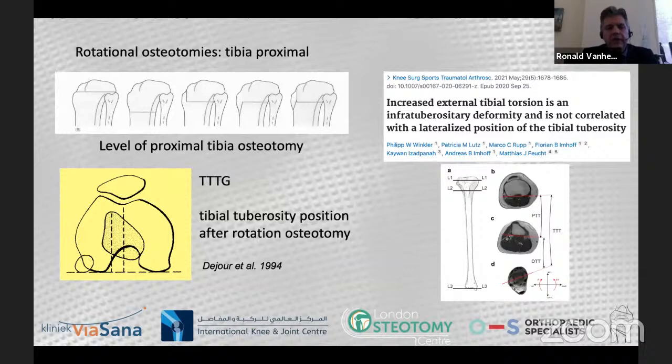These are old slides. This is from the publication we made in 2003 already, and it has been repeated in some of our books. And it's just looking logically at the level of the proximal tibia osteotomy. You can make a tuberosity, you can make a cut above the tuberosity, but when you then rotate the foot and the lower leg, the tuberosity will also rotate with it. And that can be something you want to do.